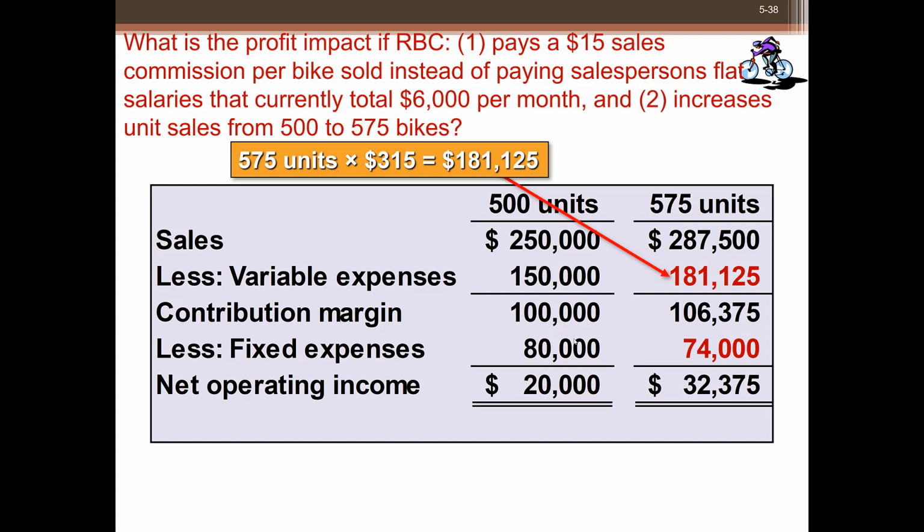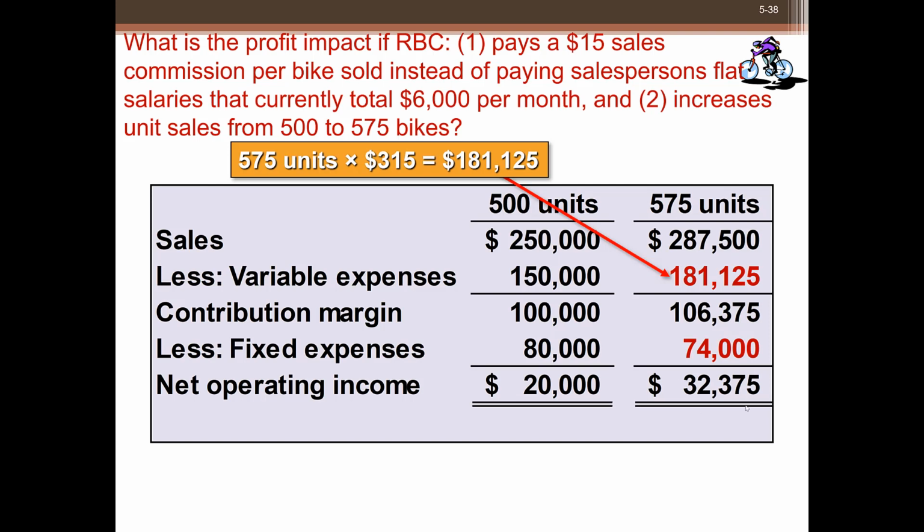The difference is contribution margin, and we minus fixed expenses. Fixed expenses decreased by 6,000. Here you can see, because the flat salaries for salesperson 6,000 replaced by $15 sales commission per bike. So here, fixed expenses dropped from 80,000 to 74,000.